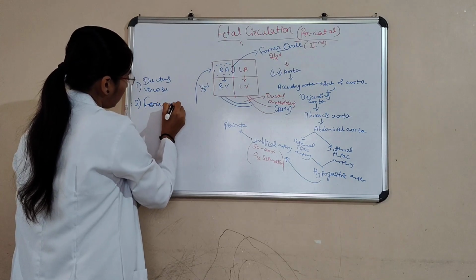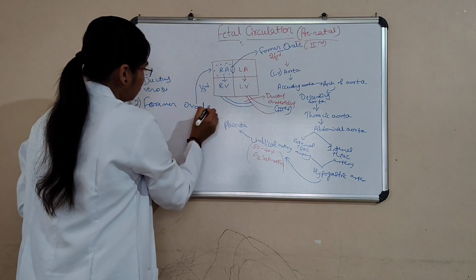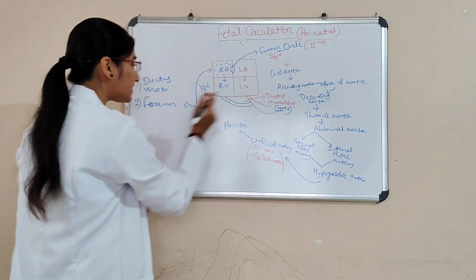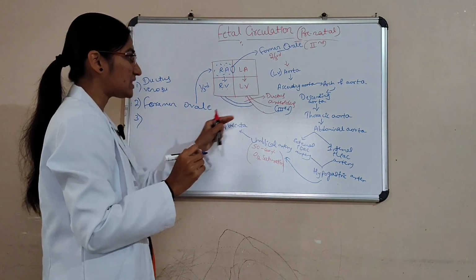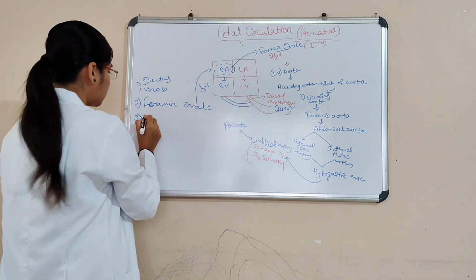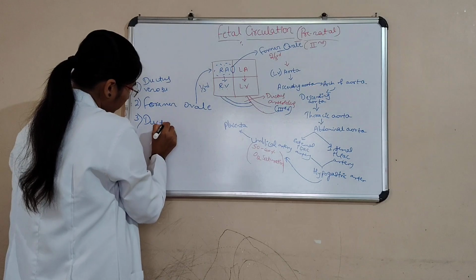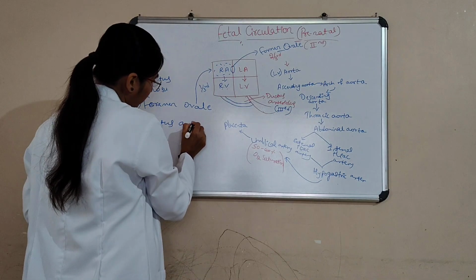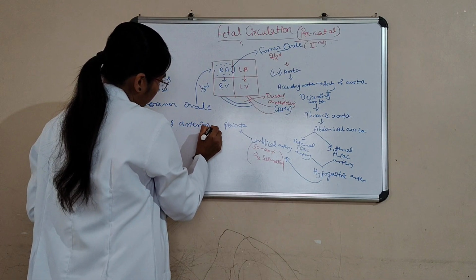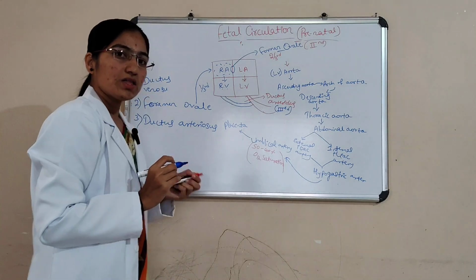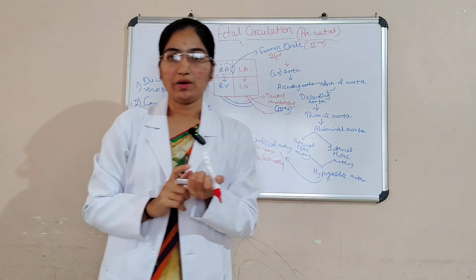Foramen ovale is the second bypass channel. And what is the third bypass channel here? That is ductus arteriosus. This is the third bypass channel.